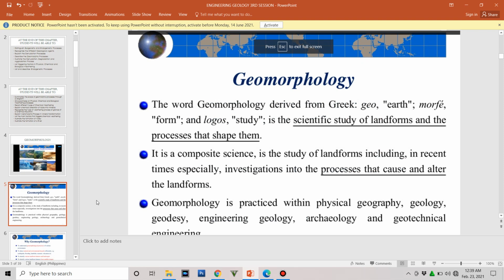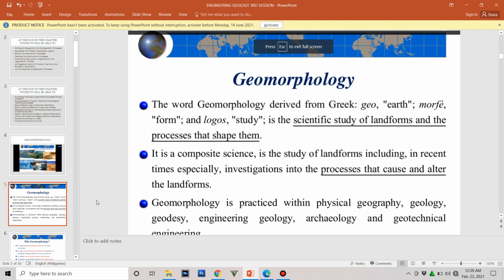Of course, the study of landforms, including in recent times, especially investigations into processes that cause and alter the landforms. Geomorphology is practiced within physical geography, geology, geodesy, engineering geology, archaeology, and geotechnical engineering.